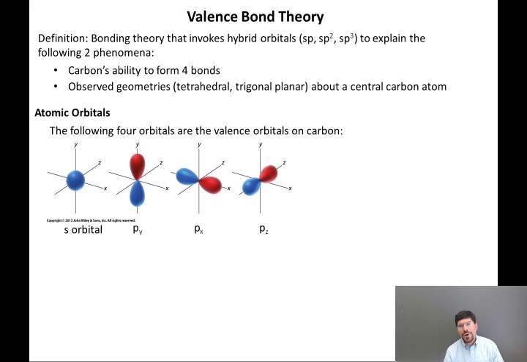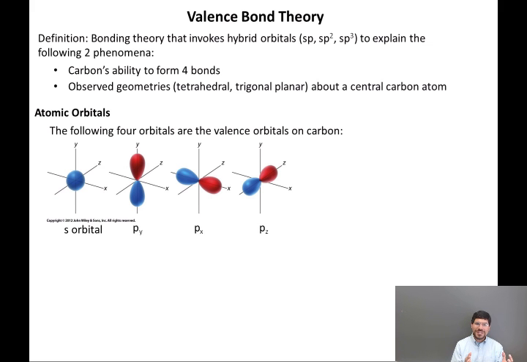Okay, so indicated in this picture are the 4 valence orbitals on carbon. So we have the 2s orbital, and you should recall that the meaning of an s orbital is an orbital that is spherically symmetrical with respect to the atomic nucleus. And then there are 3 p orbitals that are mutually perpendicular.